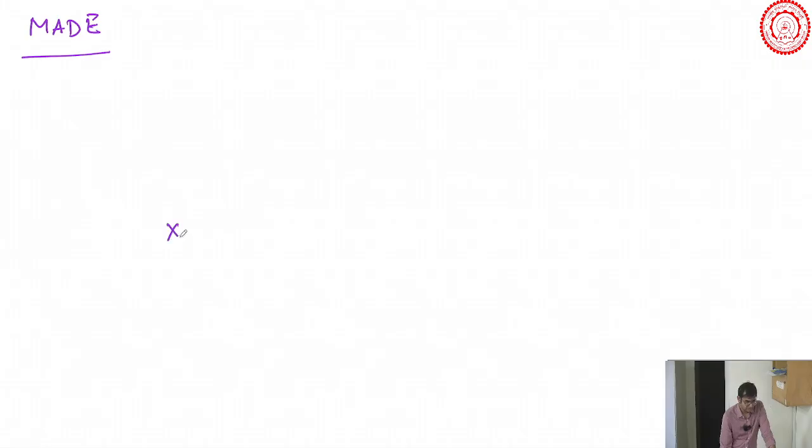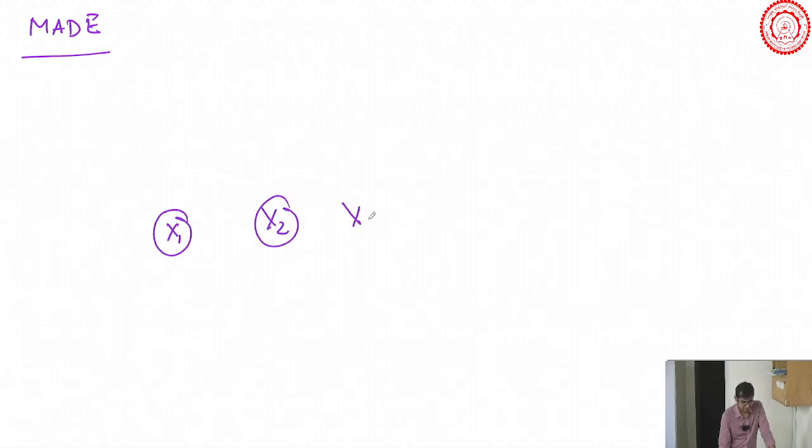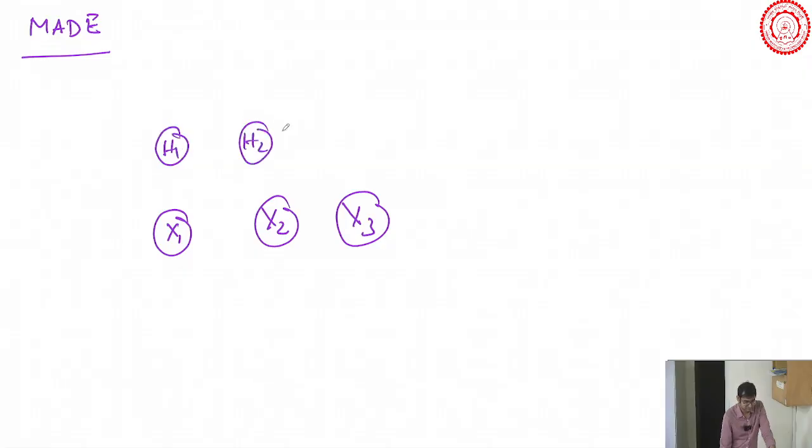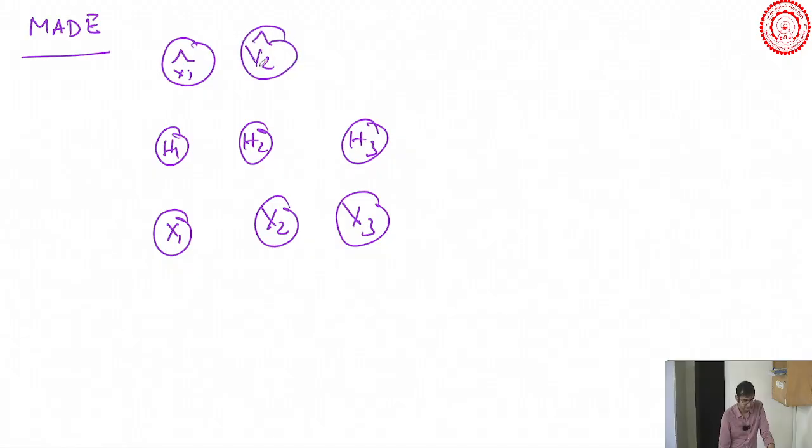You have x1, x2, x3, and then let's say some hidden layers, and there can be more layers also, and then let's say x1 hat, x2 hat, x3 hat.